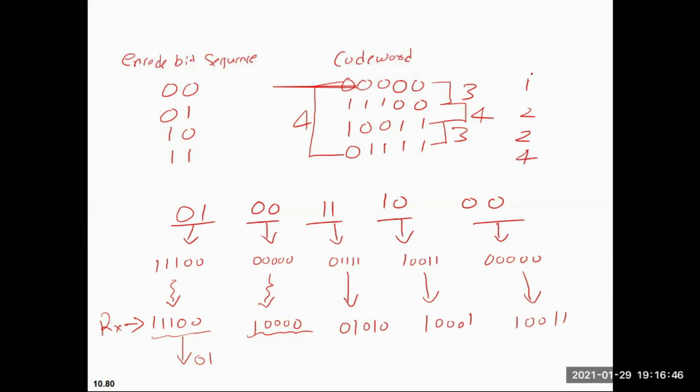So the minimum Hamming distance is obtained in the first case. So it will automatically correct the received code: in place of these 4 zeros, it will treat it as all 5 zeros. And the corresponding bit sequence is 00, so this can be interpreted as 00.